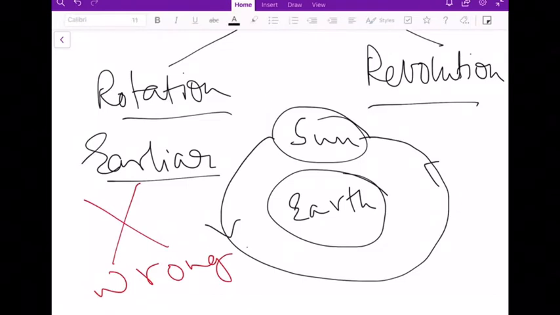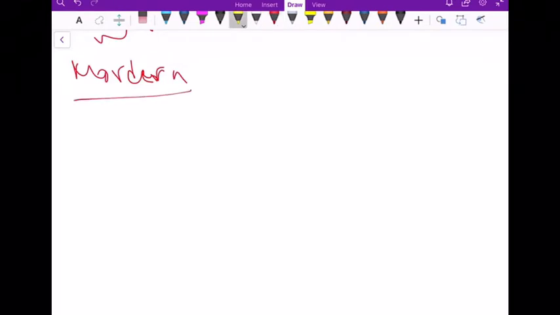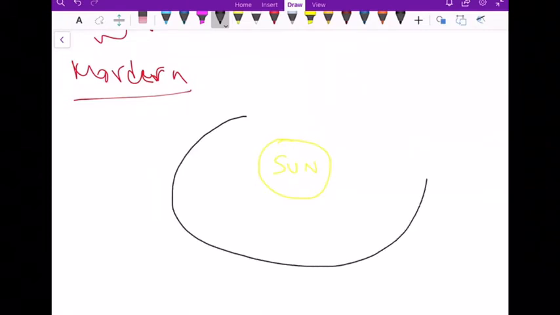So what do modern studies say? Modern studies say that the sun is at the center and all the planets orbit around the sun, or revolve around the sun, each on its own orbit. Similarly, earth also has its own orbit around the sun on which it moves.